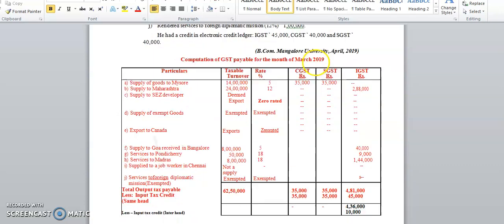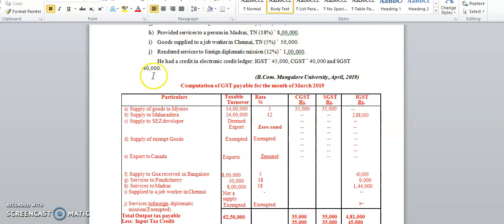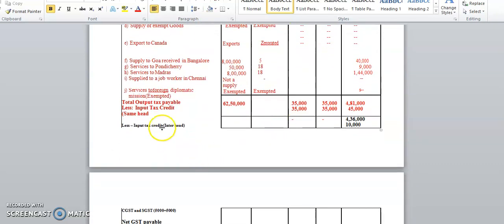So CGST is 40,000, SGST is 40,000. Less input tax credit: CGST input tax credit 40,000 is there, but we don't require 40,000 because output tax is 35,000, so utilize only 35,000. In SGST column also output tax is 35,000. So in the SGST input tax credit we have 40,000, but we don't require 40,000, utilize only 35,000.